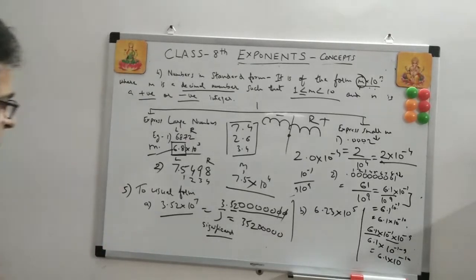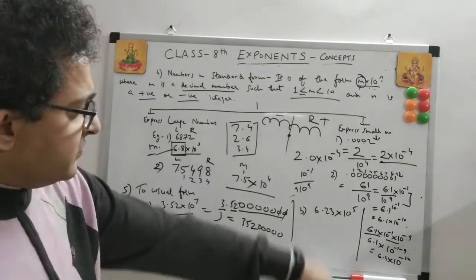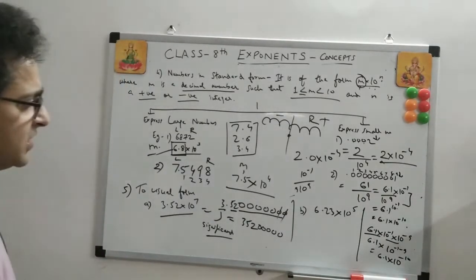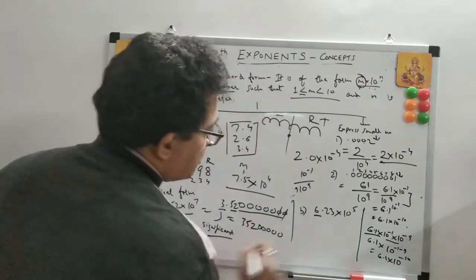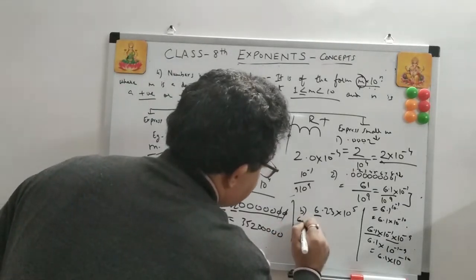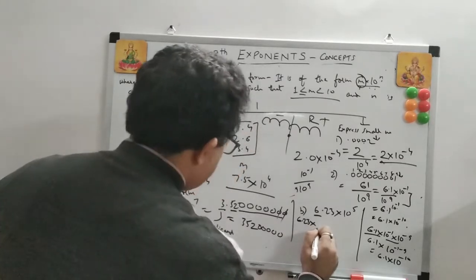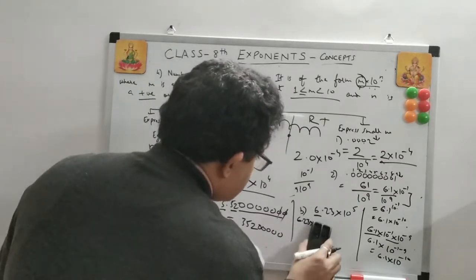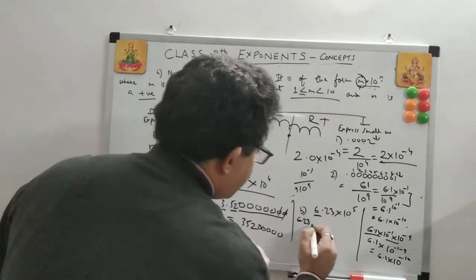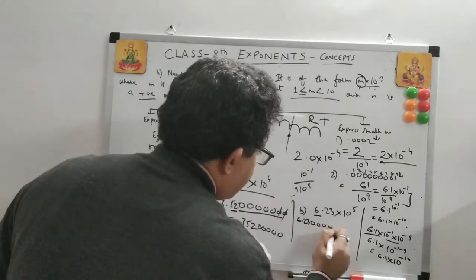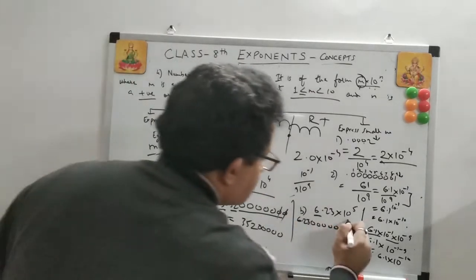Let's take another example. Okay, this I already put in here. Now this is a standard form. Again, you have to put this in the usual form. Simply, this is the significant. So just the first step, write the same thing: 6.23 into 10 to the power 5. 1, 2, 3, 4, 5. 5 zeros.